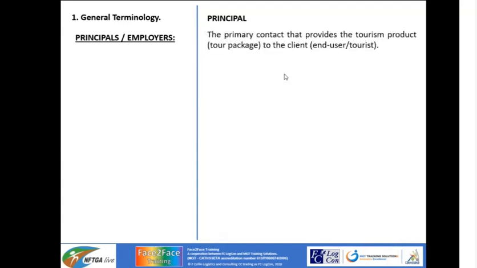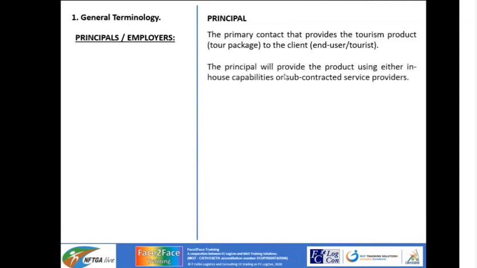And if we look at that, it says that the principal is the primary contact that provides the tourism product to the client. The client is the end user or the tourist, and the tourism product is the tour package. So the primary contact is the person with whom the client has made contact, and that is the person that's actually in charge of the whole deal. You will be working for that principal.